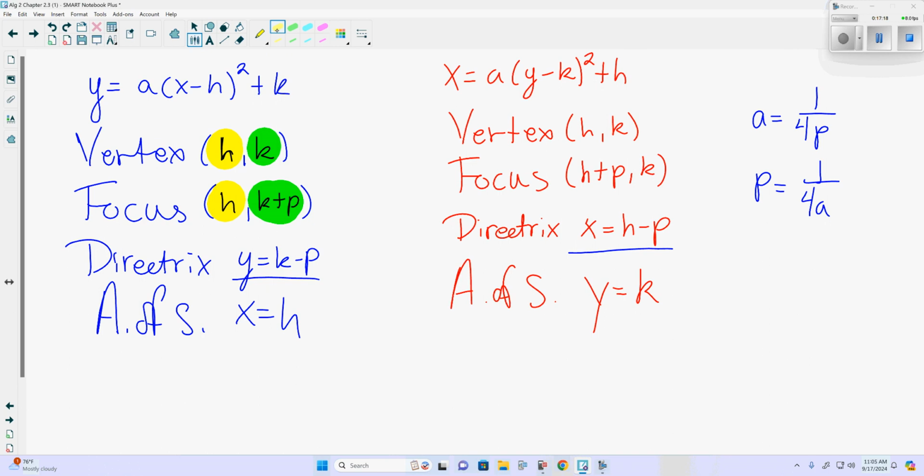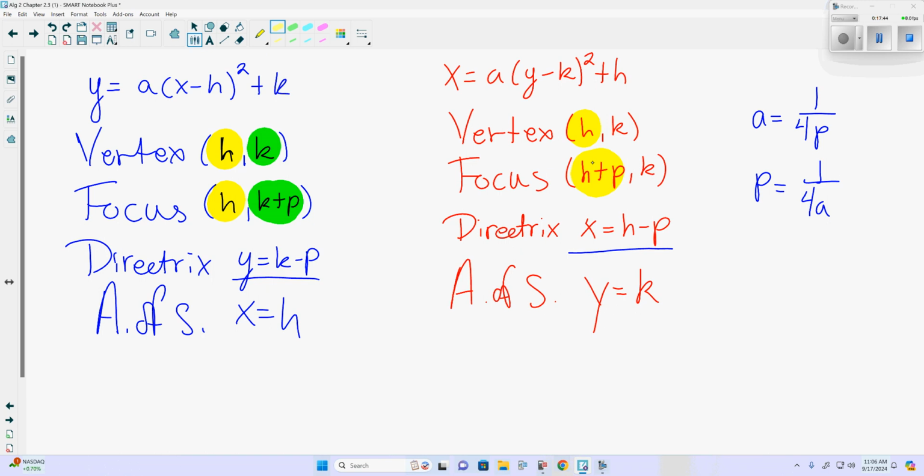If we look at the other general form, vertex is h, and it goes to h plus p. If the first value is changing, doesn't matter if it's increasing or decreasing, if those two values are not the same, then it's x equals. Again, we're comparing it back to the general form. Which one are we adding p to in the focus?